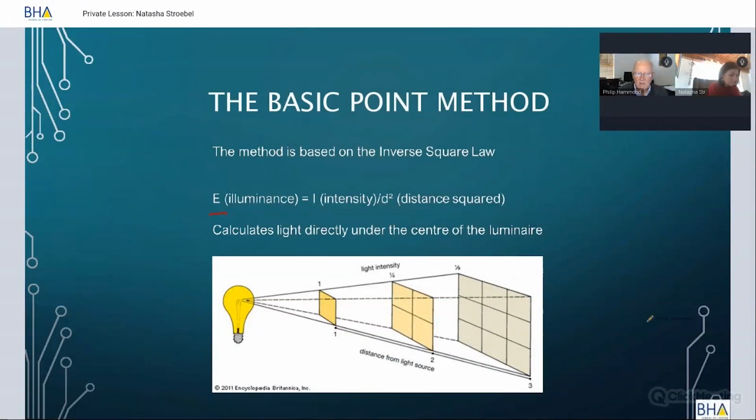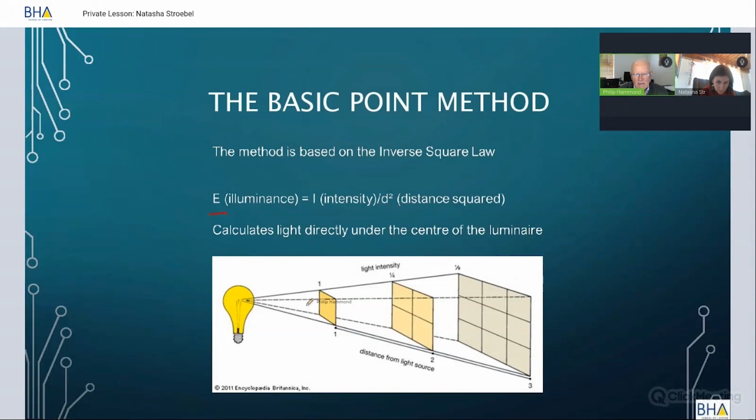So if we say the distance is 1 meter, 1 times 1 is still 1. So the distance squared, and we calculate the light which will be directly under the center of the luminaire. Here's this lamp, for example, and the center of the lamp is there.